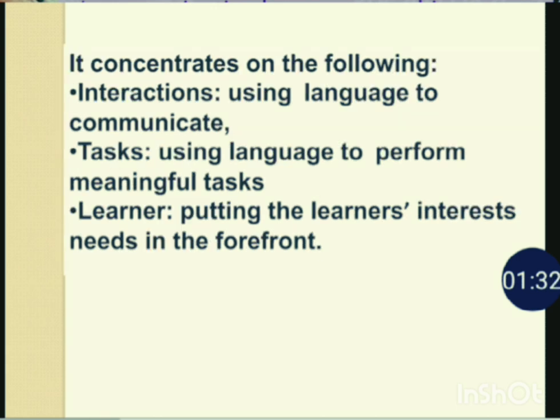Okay, communicative language teaching concentrates on the following things. Firstly, interaction. What's interaction? Interaction means using language to communicate. Second one, tasks: using language to perform meaningful tasks. And third one, learner: putting the learner's interests and needs in the forefront.